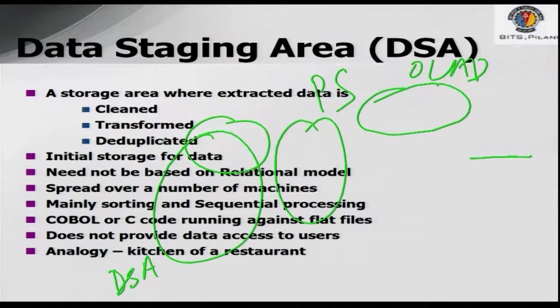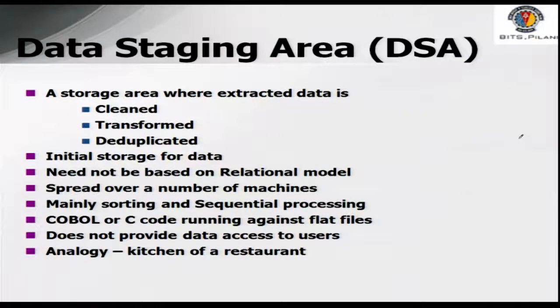Let us come to this staging area, that is called the data staging area. Let me clear the annotations so that you can read the text properly. It is a storage area where extracted data is cleaned, transformed, deduplicated, and prepared to be loaded onto the data warehouse.